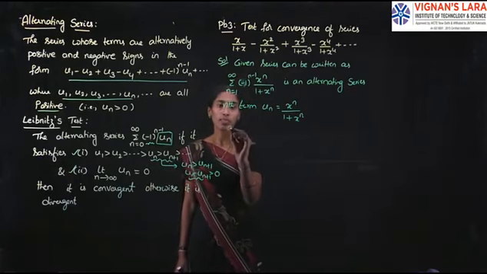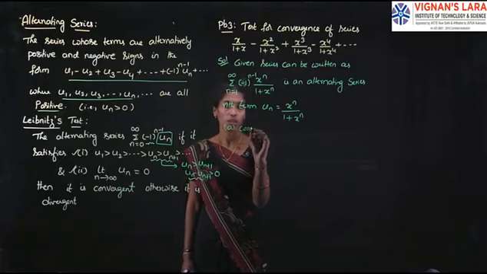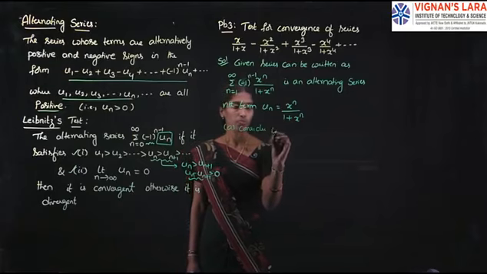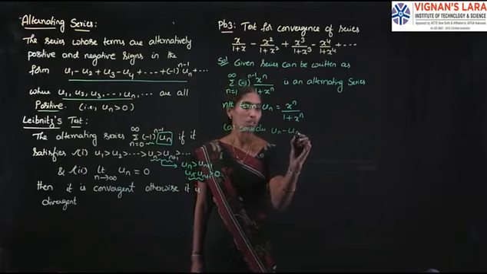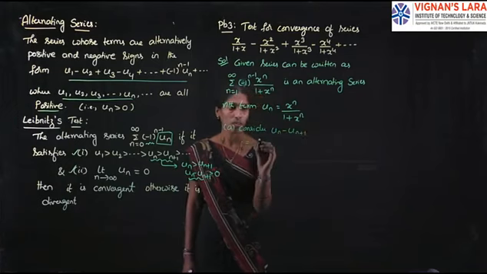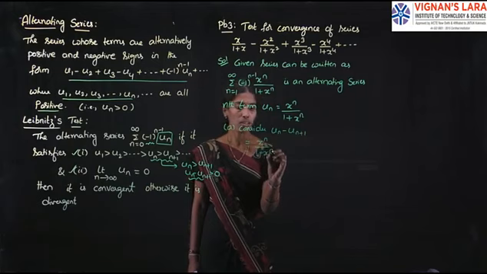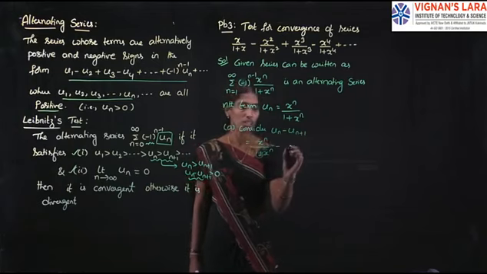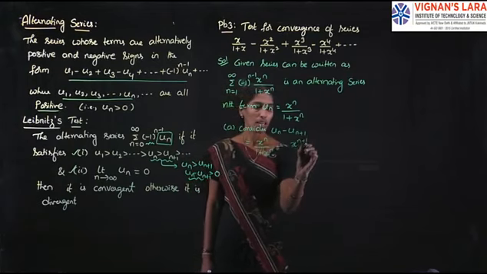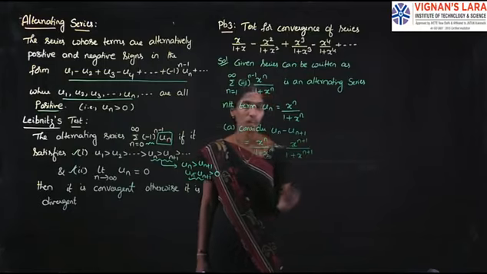So consider un minus un plus 1, which is x to the power n by 1 plus x to the power n, minus un plus 1, which is x power n plus 1 by 1 plus x power n plus 1.